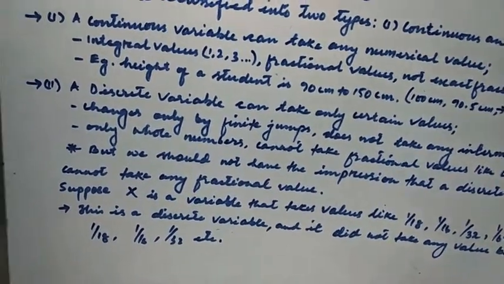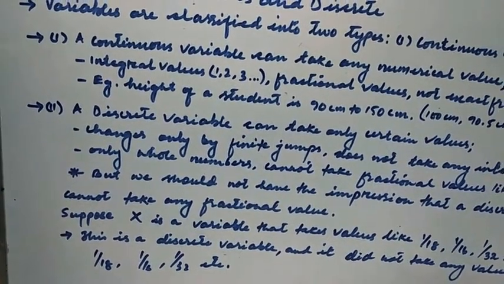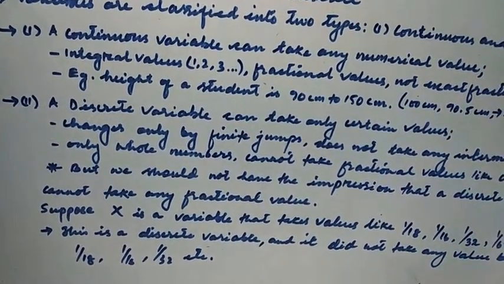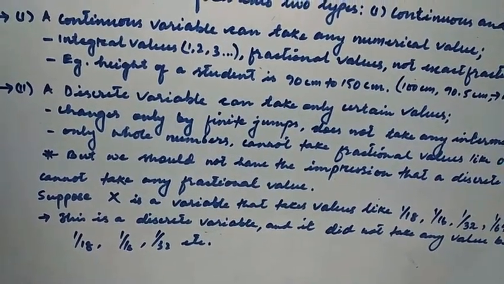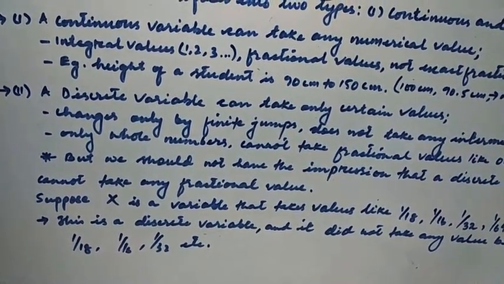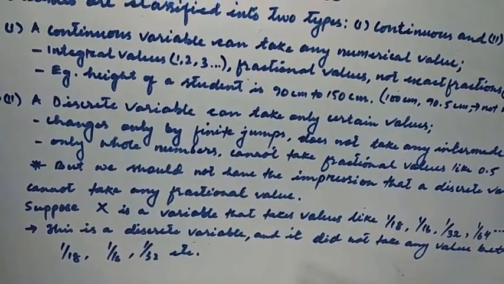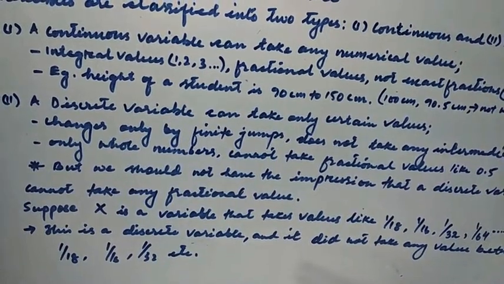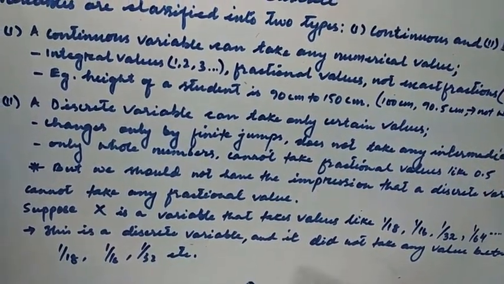But we should also be careful not to get the impression that a discrete variable cannot take any fractional value. Suppose x is a variable. It can take values like 1 by 8, 1 by 6, 1 by 32, 1 by 64.